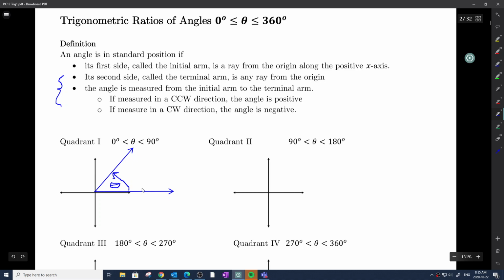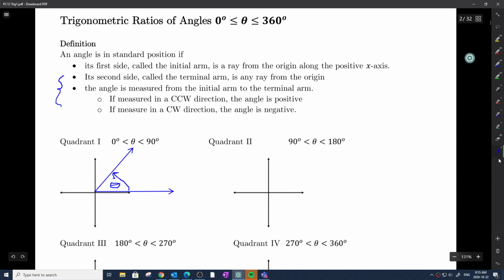So if we measure from here to here, it is considered a positive angle. If it's measured from here to here, it is a negative angle. So a quadrant one angle from 0 to 90 degrees, I would draw it like this. What is that angle? I'm not too sure, nor do I care.